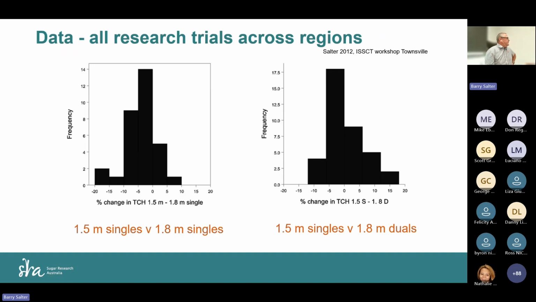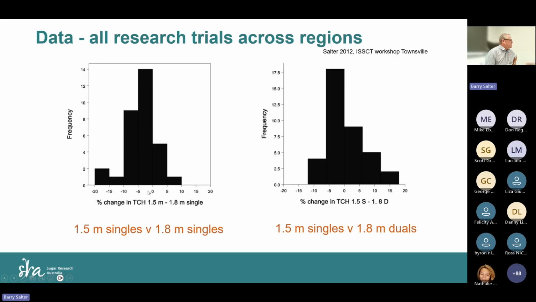So that was in Mackay. But like I said, I looked at all the trials from up and down the coast, and these are some frequency distributions, which is essentially looking at those percentage changes from 1.5 metre singles to 1.8 metre singles.